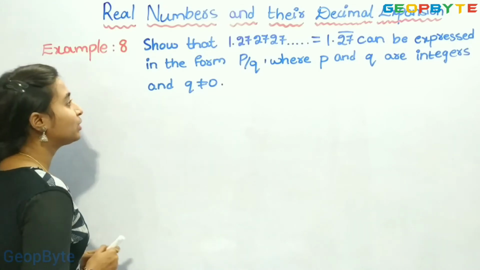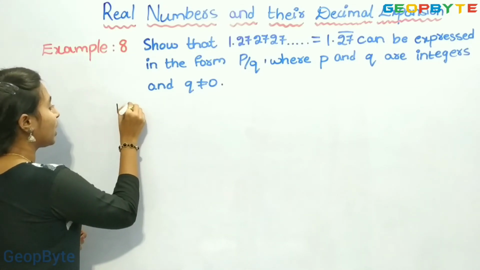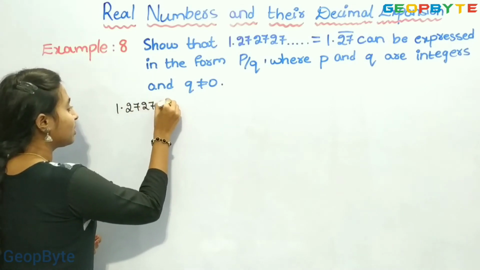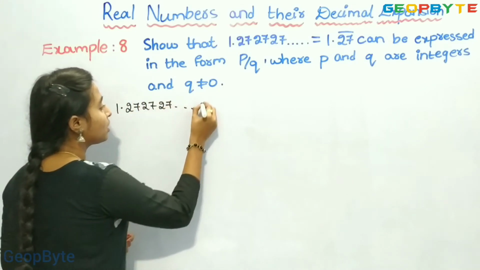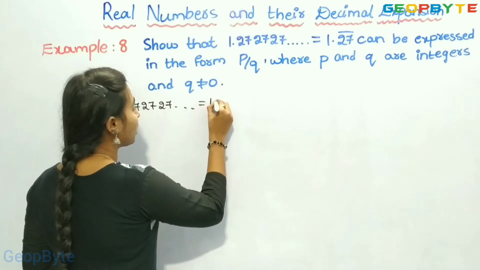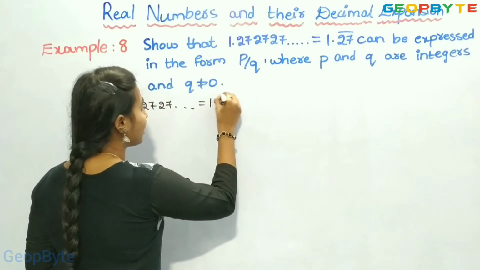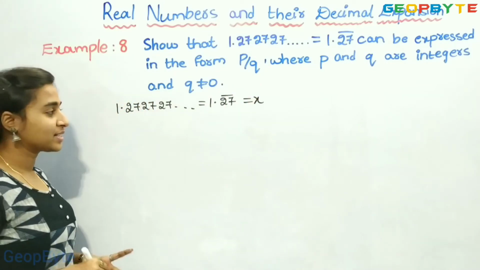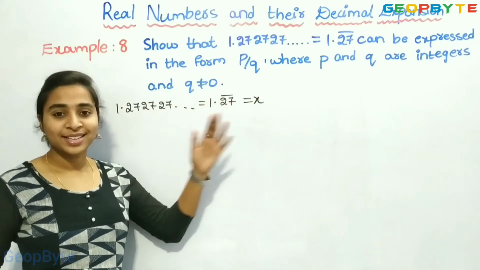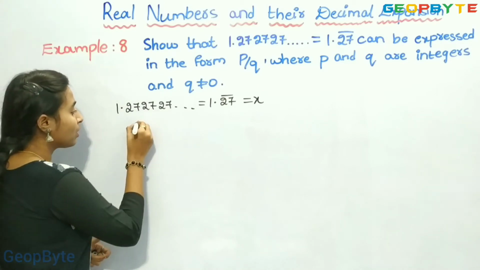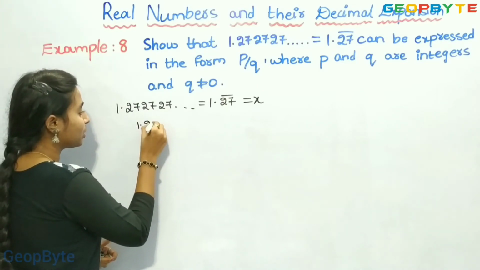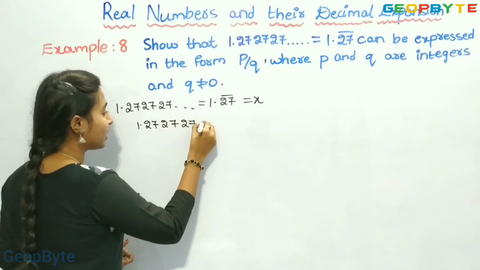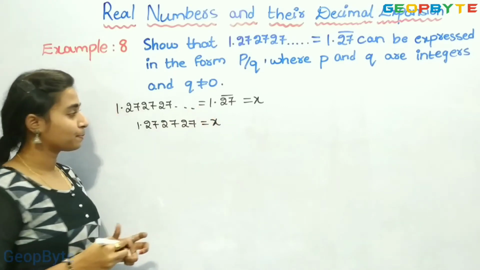Same, we need to take 1.272727 and so on, that is 1.27 bar, as X. Let us assume this as X. Now 1.272727 is equal to X.